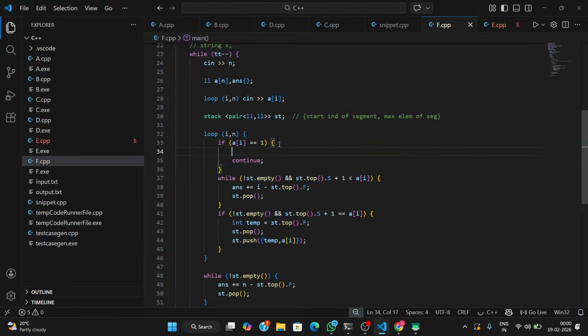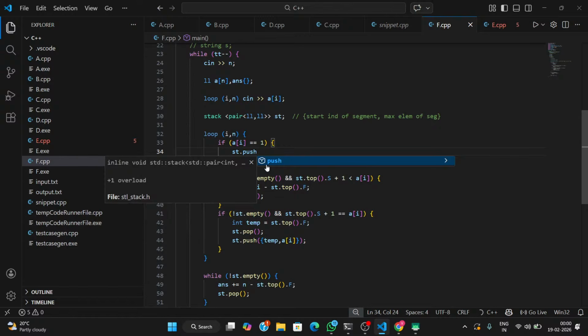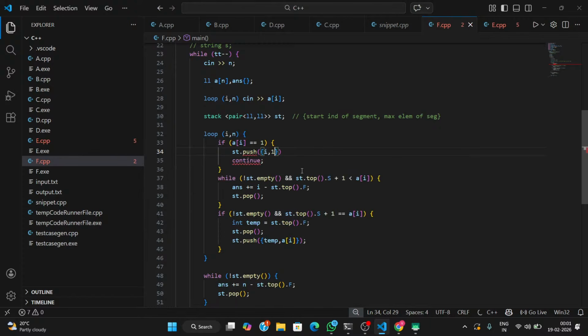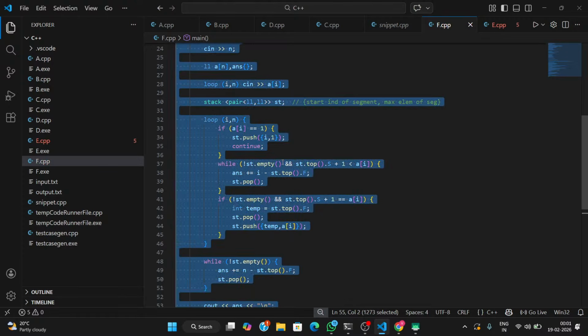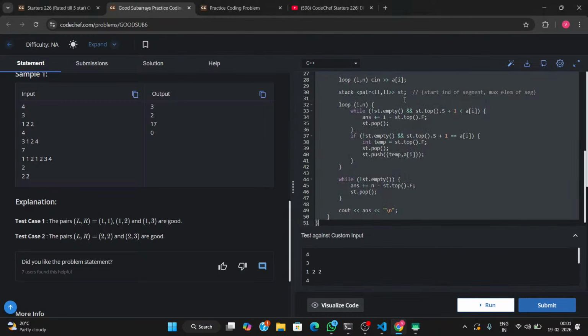Then we will do sp dot push, starting at the ith index and the maximum element is one currently, right? So I hope this should work fine.